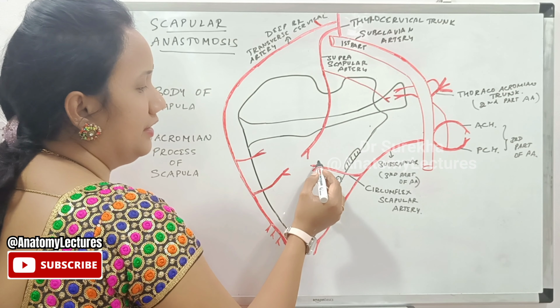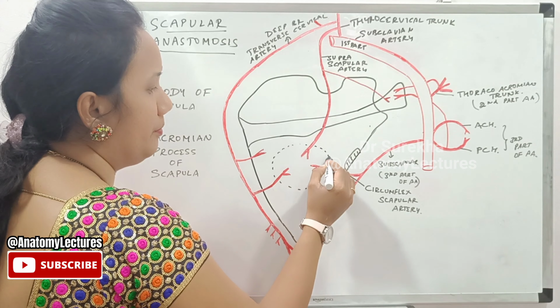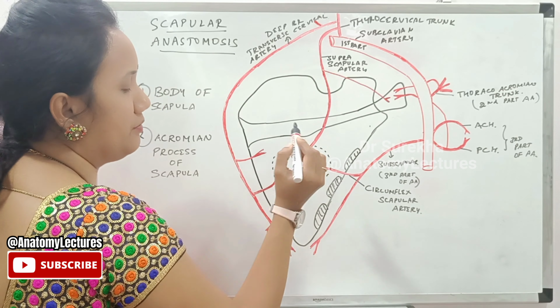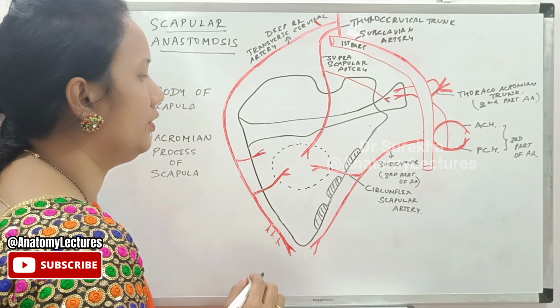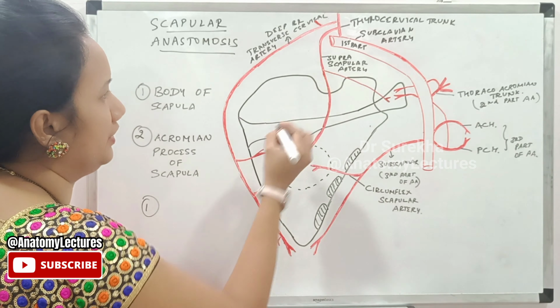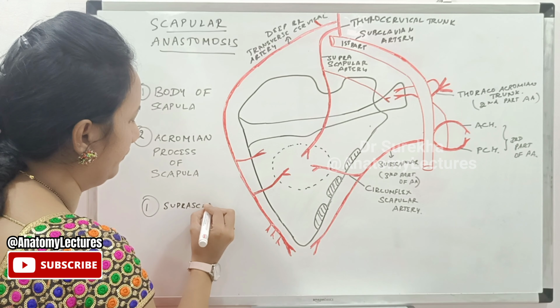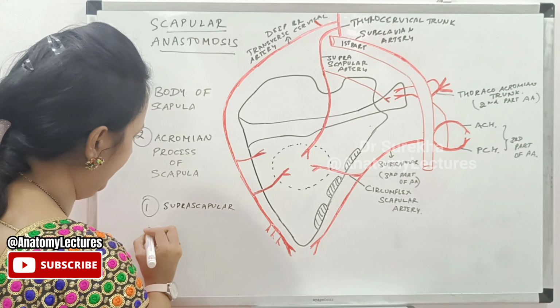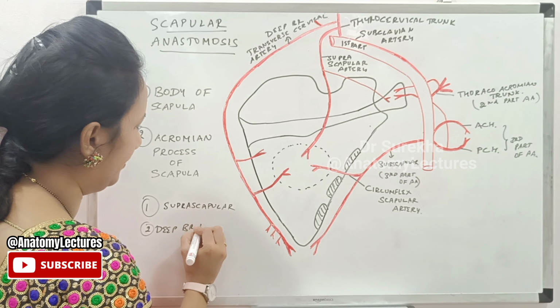And so these three arteries are participating in the anastomosis around the body of the scapula. So what are the three arteries which participate in anastomosis along the body of the scapula? One is suprascapular artery. Second one is deep branch of transverse cervical artery.